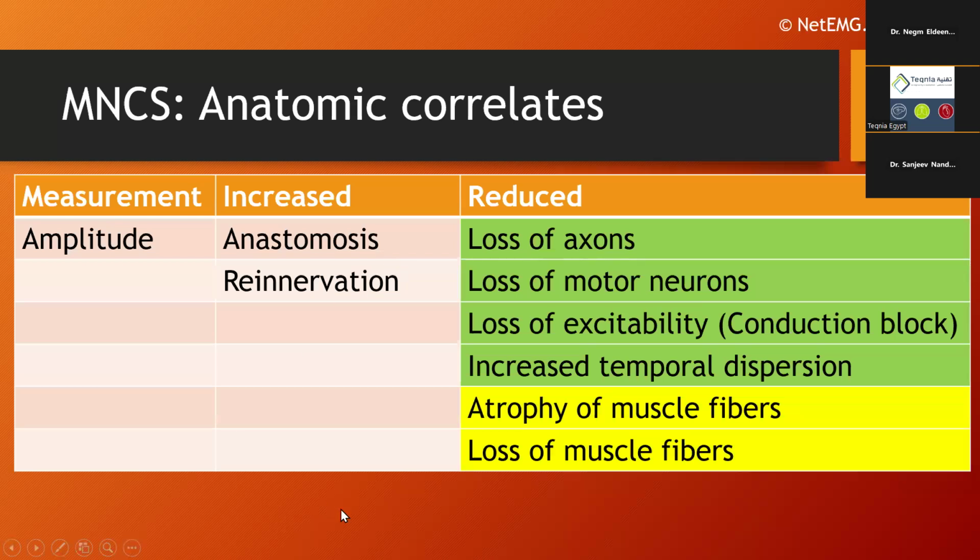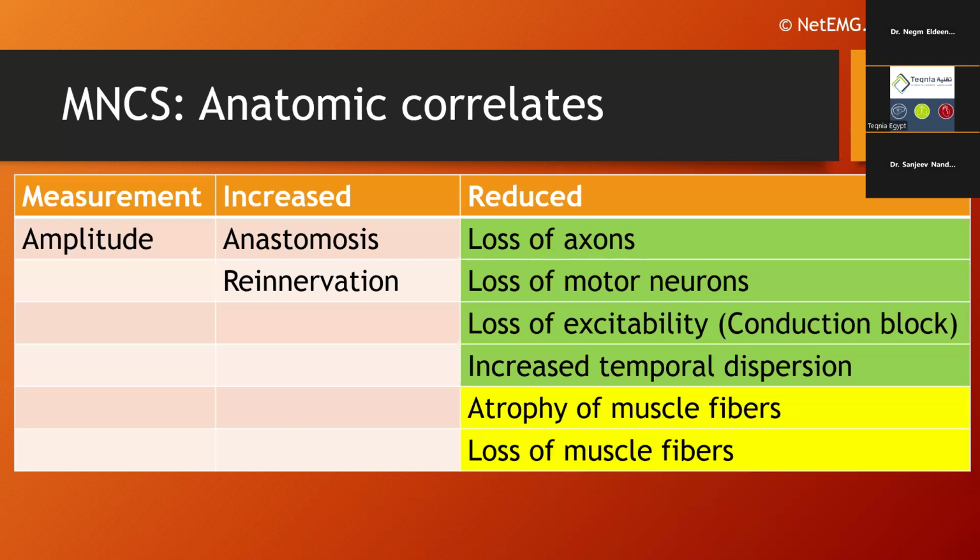In patients with neuropathy, the amplitude may initially be low, but it can increase because of reinnervation. Once again, it will never become more than normal. But for that patient on serial investigations, the amplitude can increase. And this is a very nice way to follow up the recovery from a nerve injury.